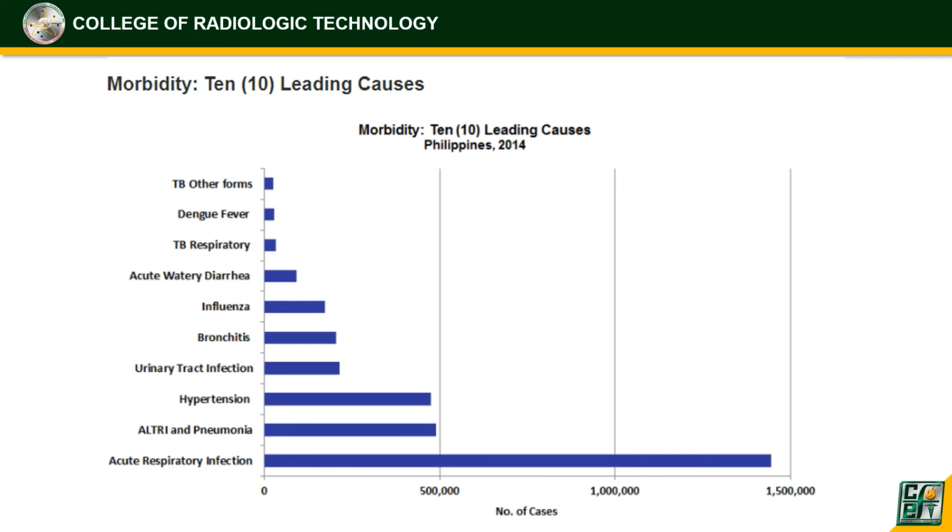And in this slide, the top 10 leading causes of morbidity. The data is from 2014. The highest is acute respiratory infection.